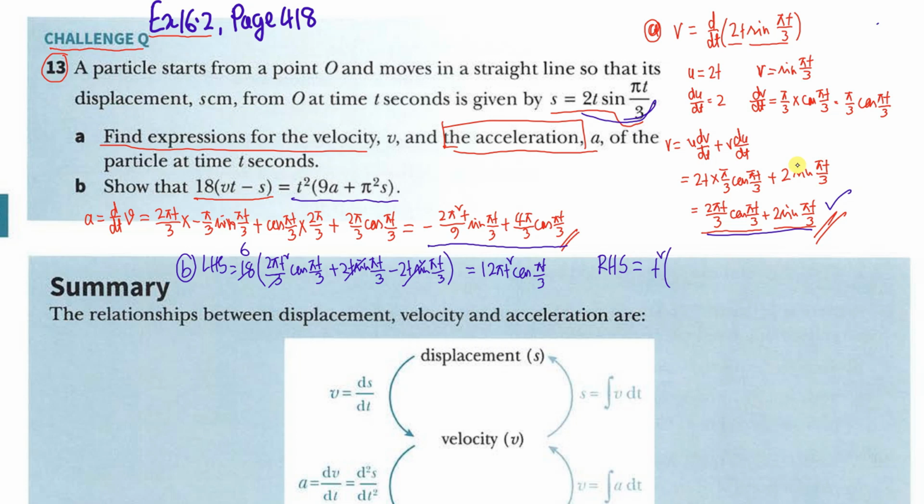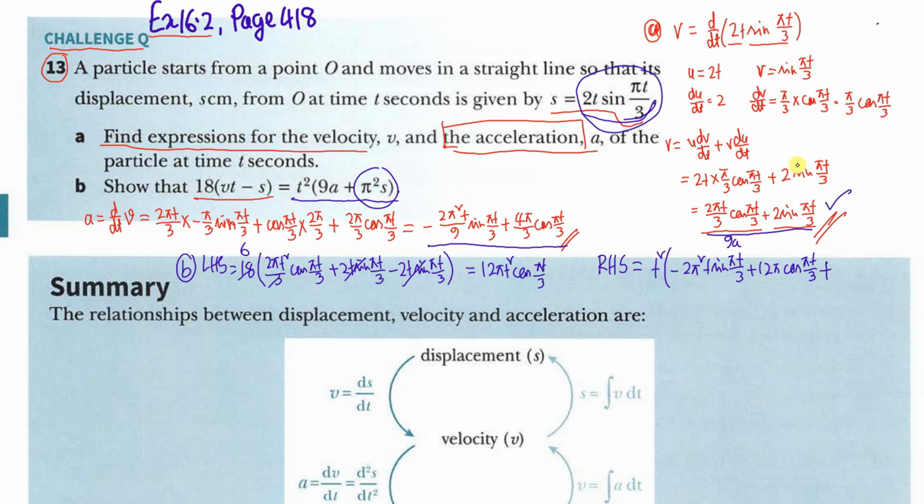Then if we multiply with the 9, the terms become minus 2 pi square t sine pi t by 3, and 3 4 is the 12 pi cos pi t by 3. That is the expression, the part of the 9a. I have done only the 9a part. Then plus pi square s.